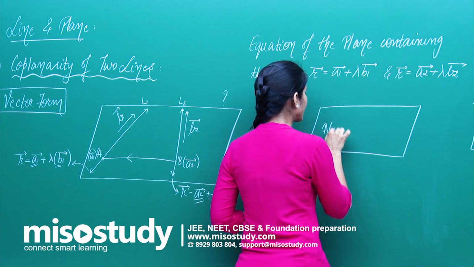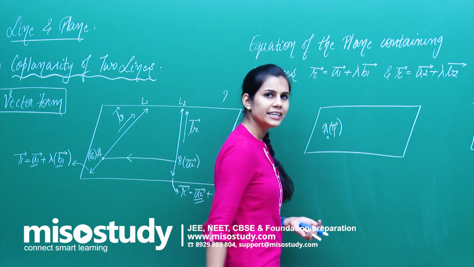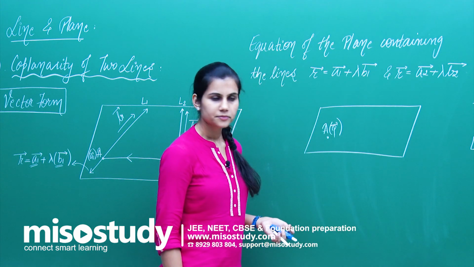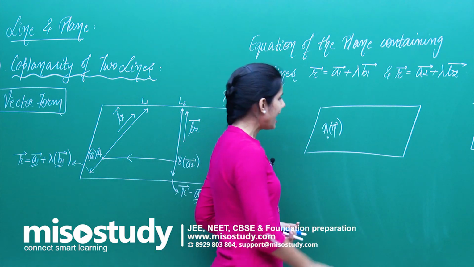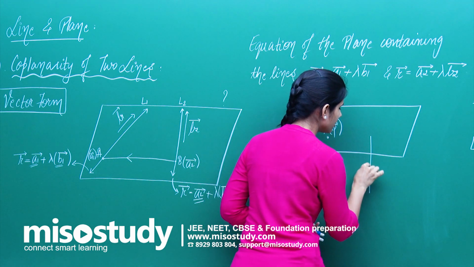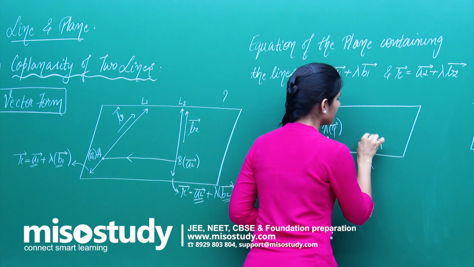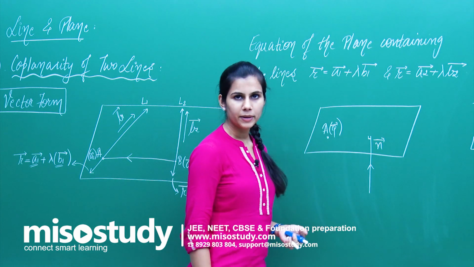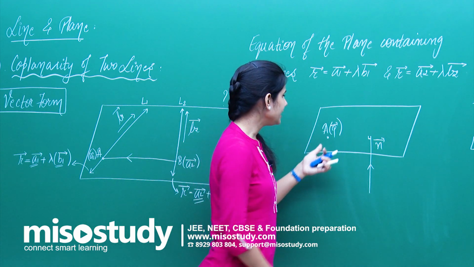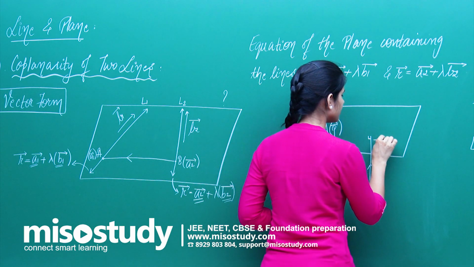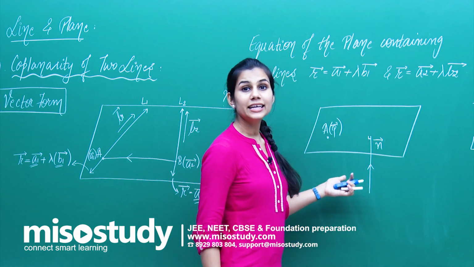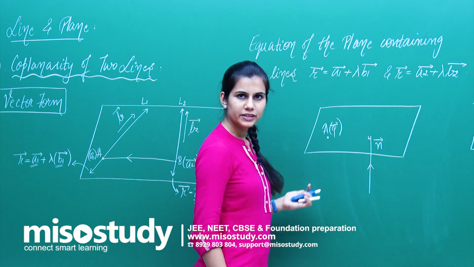get the position vector of any point lying in the plane. If you have this and you have the normal vector to the plane, both these are enough to give you the equation of this plane.